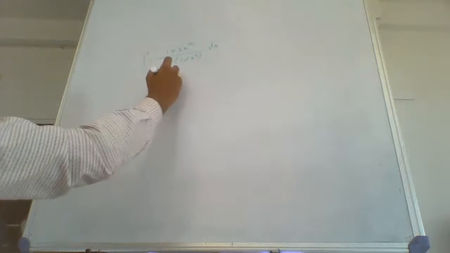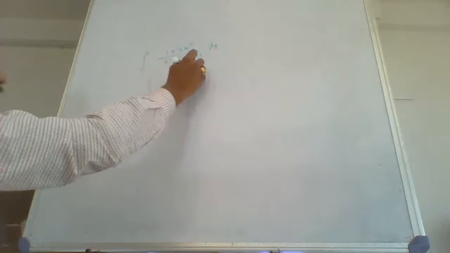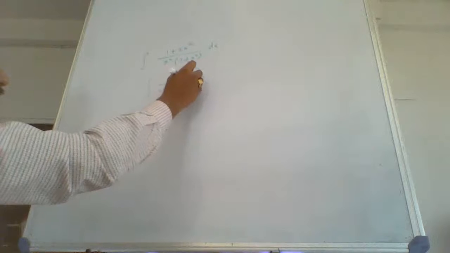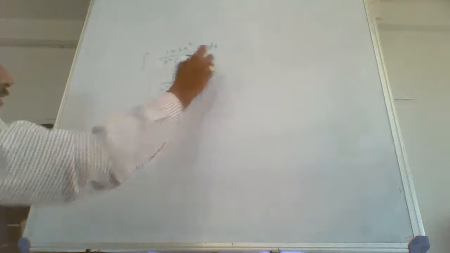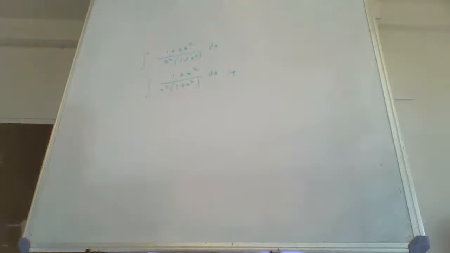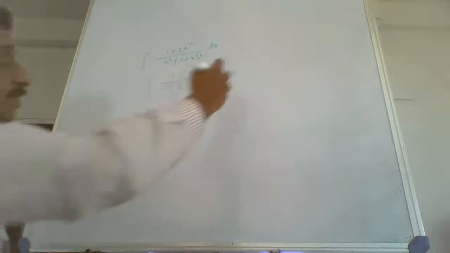Now I can write 2x square as x square plus x square, and I'll separate 1 plus x square separately, as I told you how to do it. So this is dx. Now I have one more x square. I'll separate that.